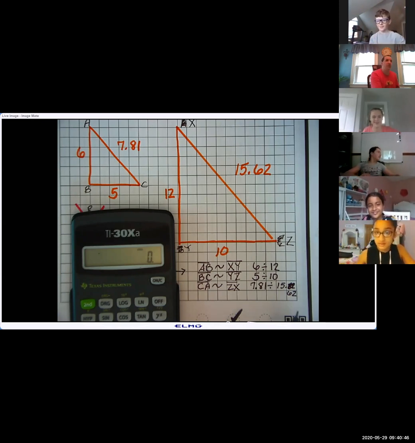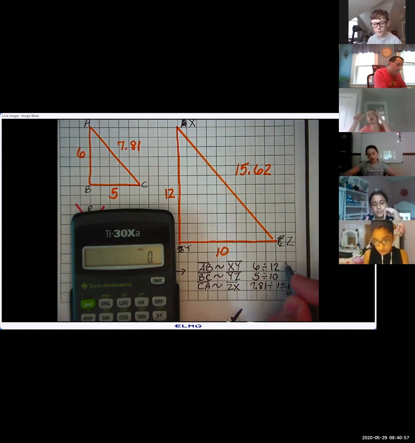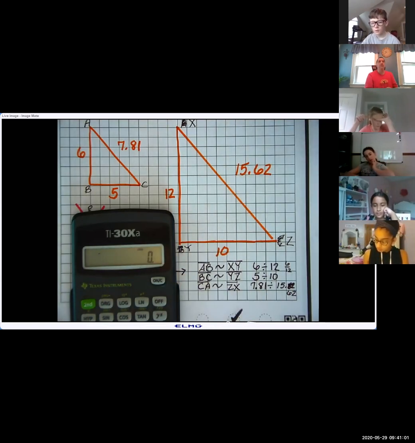So what is 6 divided by 12? No, not 0. Another way to write this would be this: 6 divided by 12. What's 6 divided by 12?